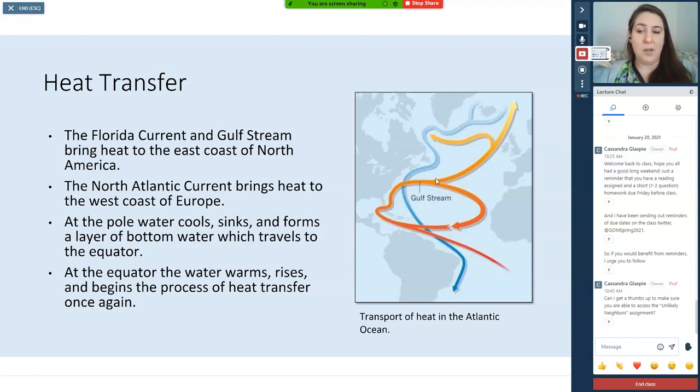So it's a kind of cycle. We like to call it the circulation belt in the world's oceans that transfers heat, delivers warm water to the poles, and takes cold water away from the poles and distributes and mixes it elsewhere so it can warm and rise again.